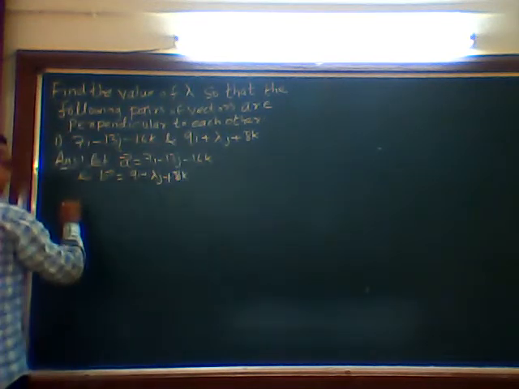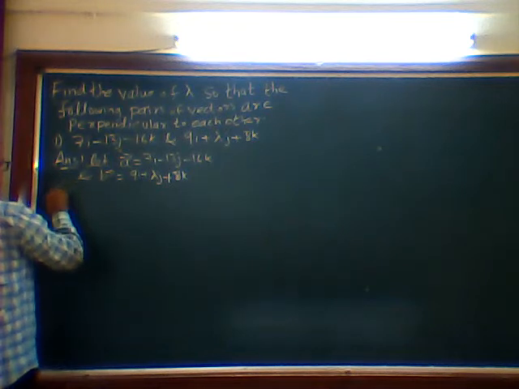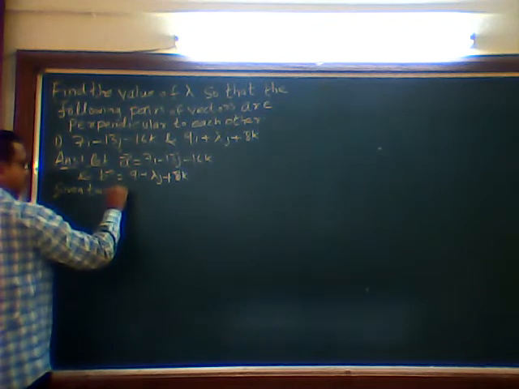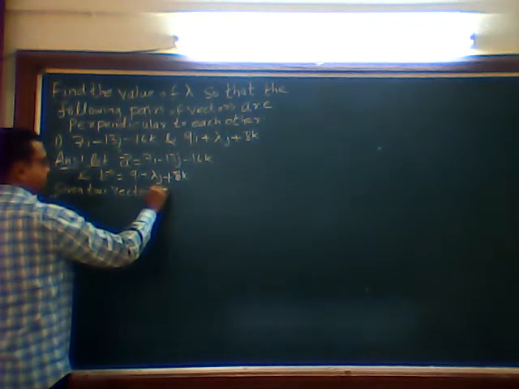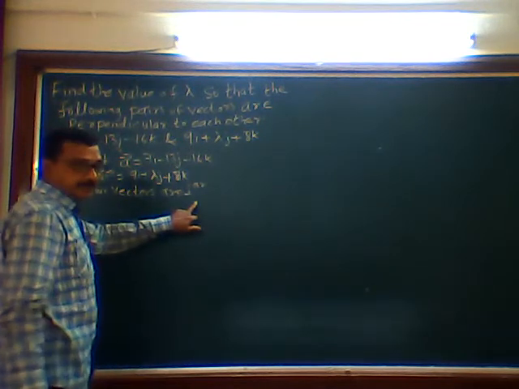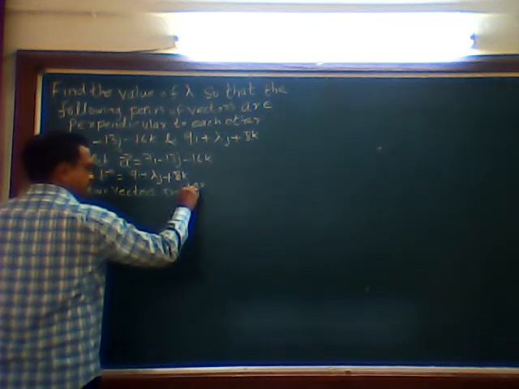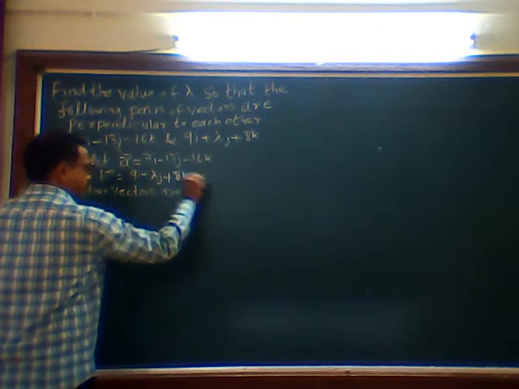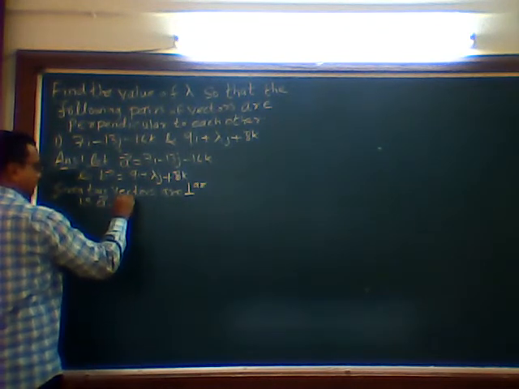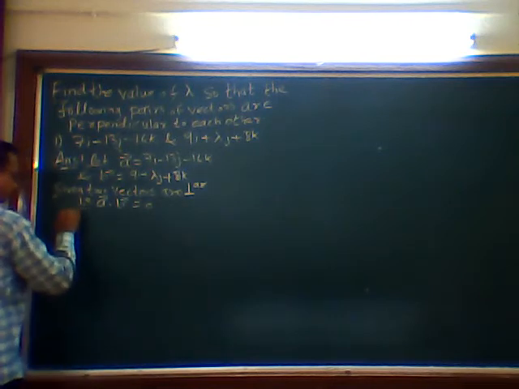They are perpendicular to each other. Given two vectors are perpendicular, that is a bar dot b bar is equal to 0.